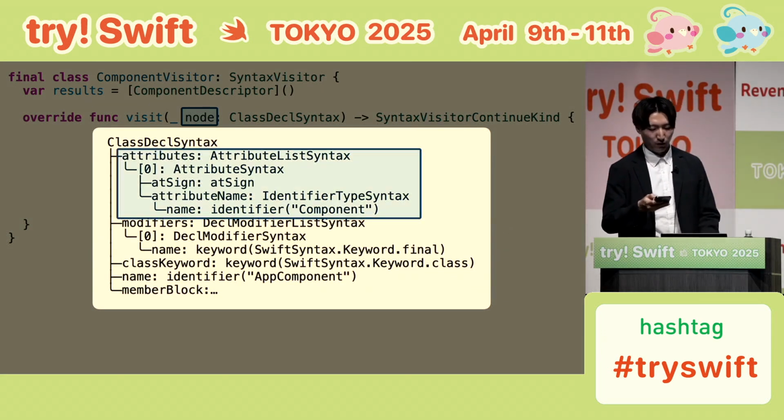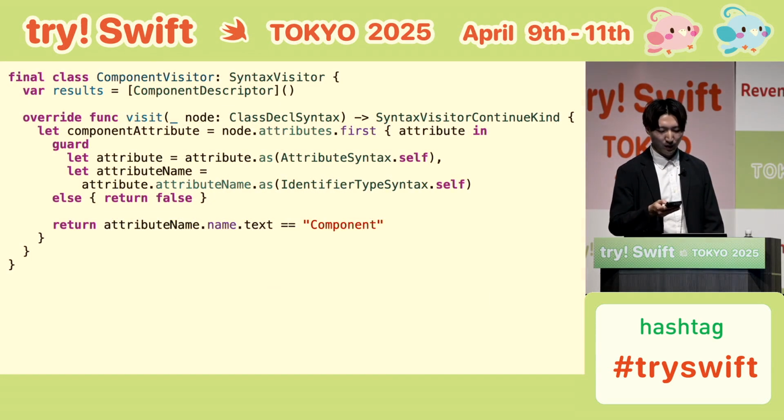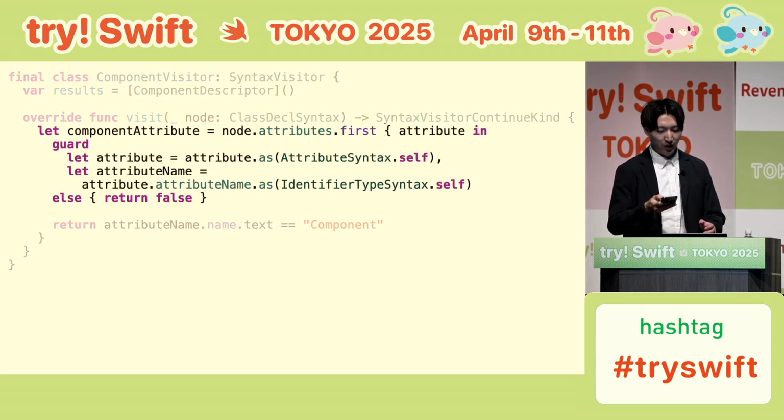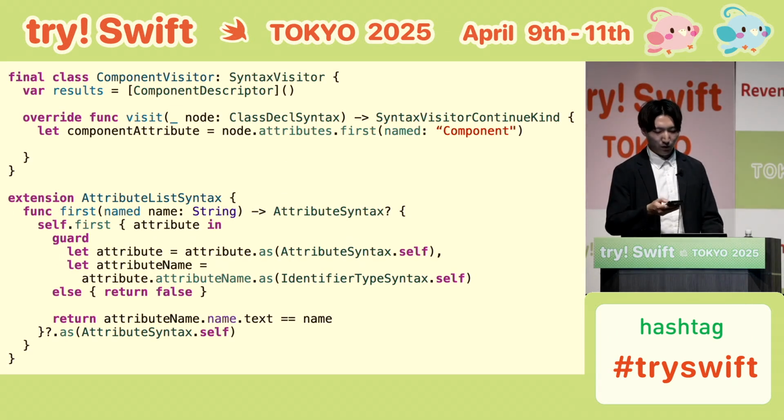First, we check whether the attribute name is Component. The implementation looks like this. We cast each attribute to the expected types, and then extract the attribute whose name is Component. Because we need to handle arbitrary macro names for both component and dependency, we put this logic into a separate helper method.